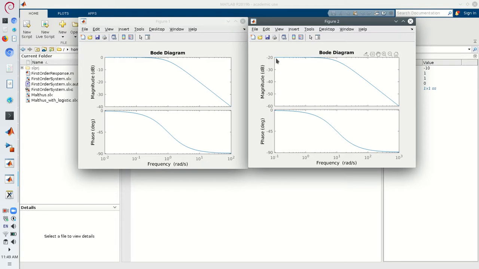So here the amplitude, when omega goes to minus infinity, that, as I remind you, means that in the logarithmic scale we're going to the extreme left. So when that happens, we have a magnitude that is minus 20 dBs, so it is way lower.